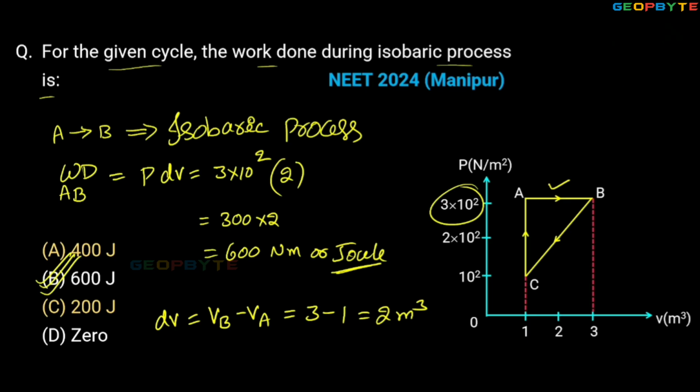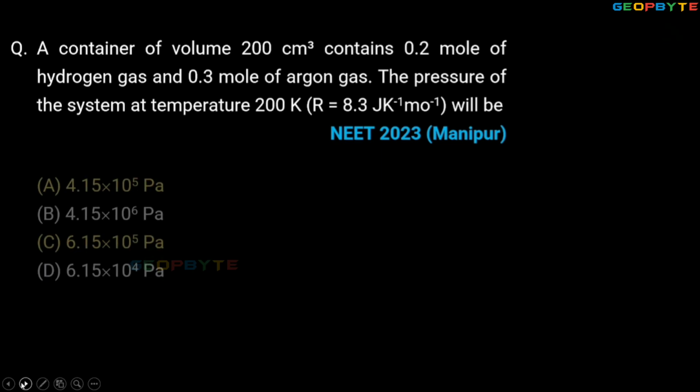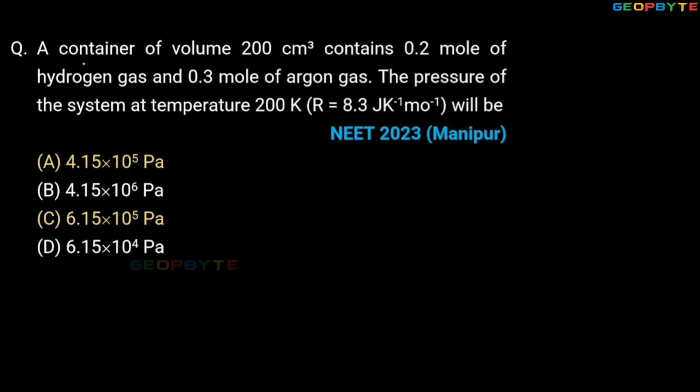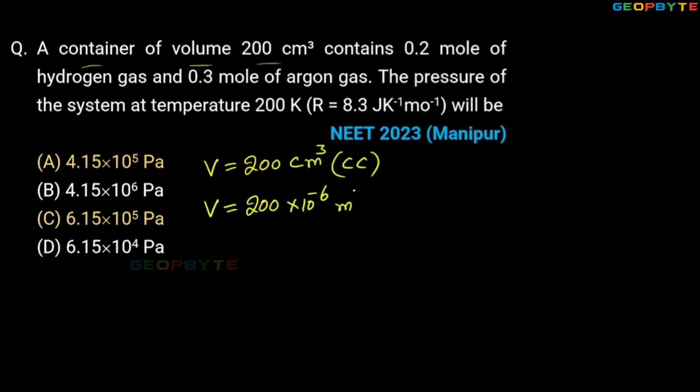Understood clearly? Yes. Similarly, let us take another important problem, asking like this. A container of volume 200 cc, volume V equal to 200 cm cube, which means centimeter cube and can also be written as cc. Sometimes it may be given as cubic centimeters, but it should be taken in meter cube. Volume V equal to 200 into 10 power minus 6 meter cube.